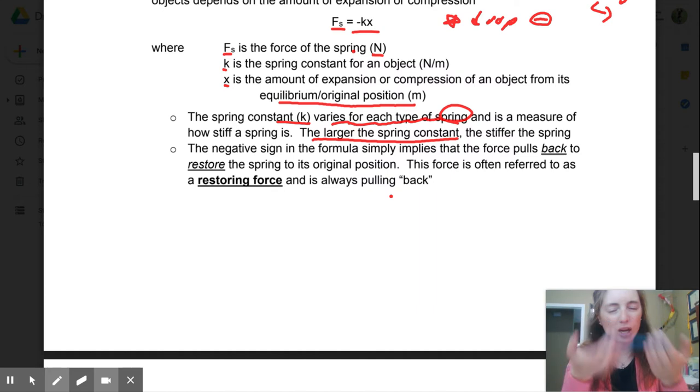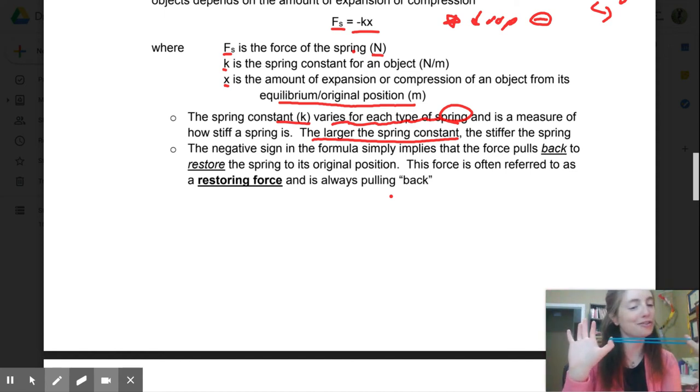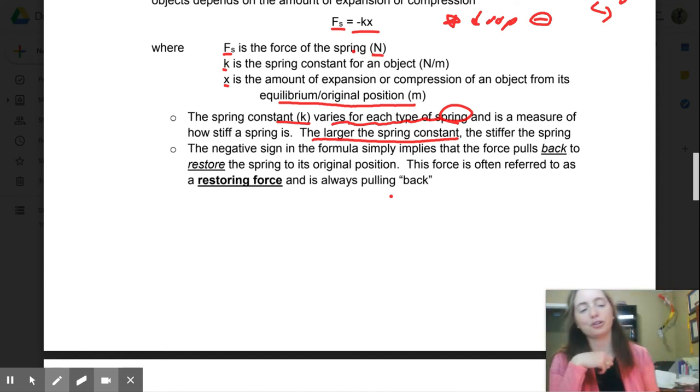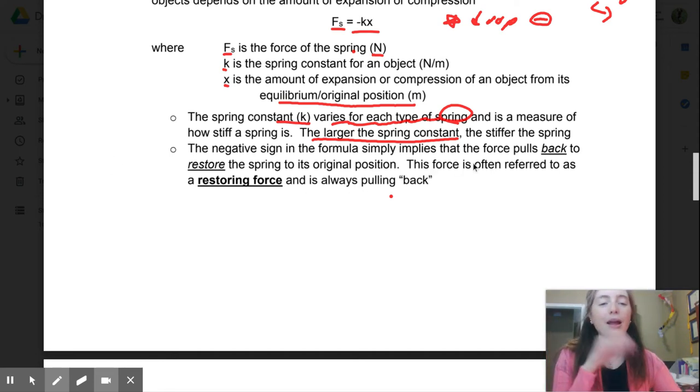A lot of springs are not going to be capable of stretching a full meter before they break, so you'd be stretching a fraction of a meter, and then you would just put your meters as a decimal.